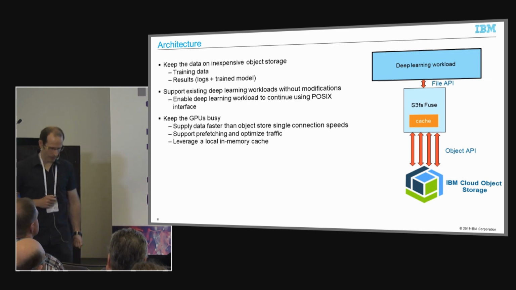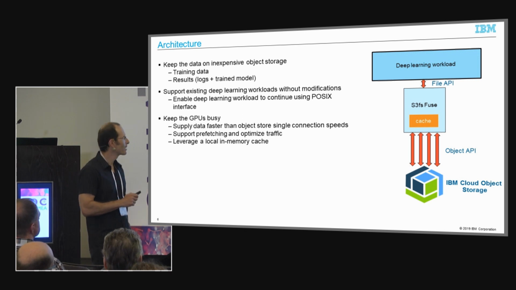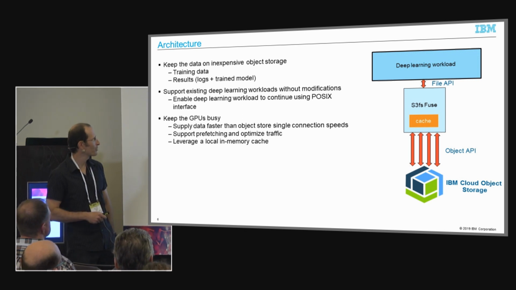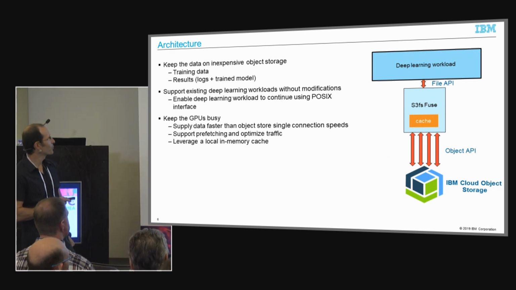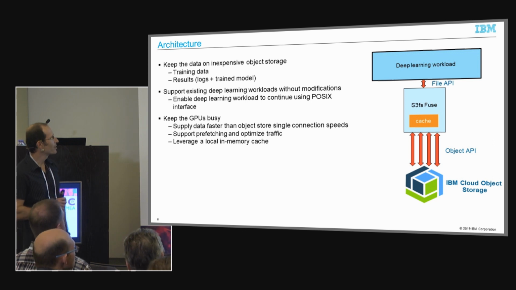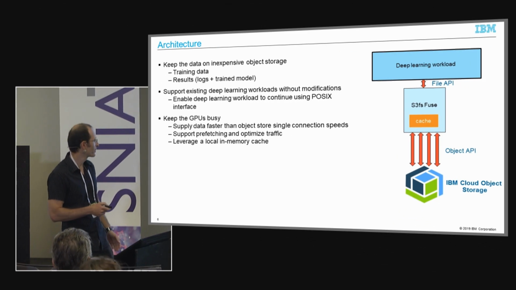So this is our architecture for our solution at the 20,000 feet level. I'll get into the details in a few more slides. Really, what we want to do is keep data on inexpensive object storage. The inexpensive object storage for us, because we're looking at an IBM service, is the IBM Cloud Object Storage. It supports the Amazon S3 interface. From a customer point of view, an object storage is an object storage.